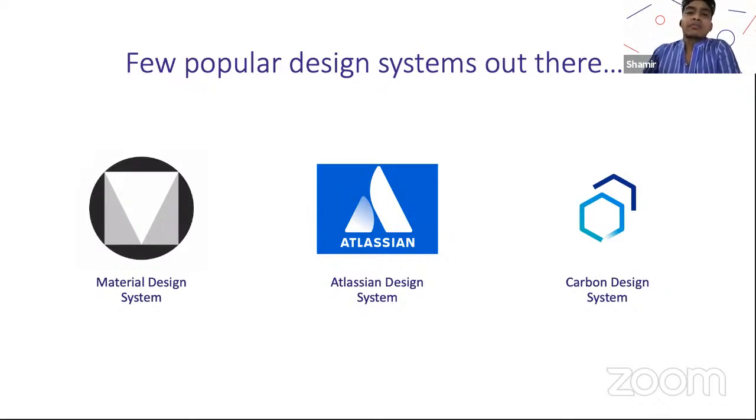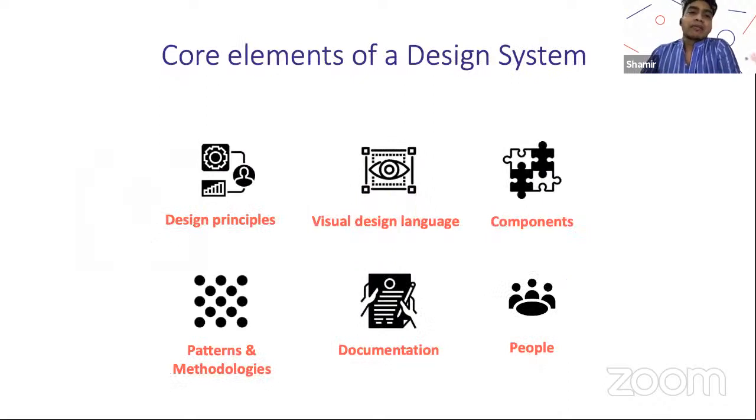So let's look into what the core elements of a design system are. As you all can see, there are a few core elements that we can put together and say these are the stuff that fits into a design system.